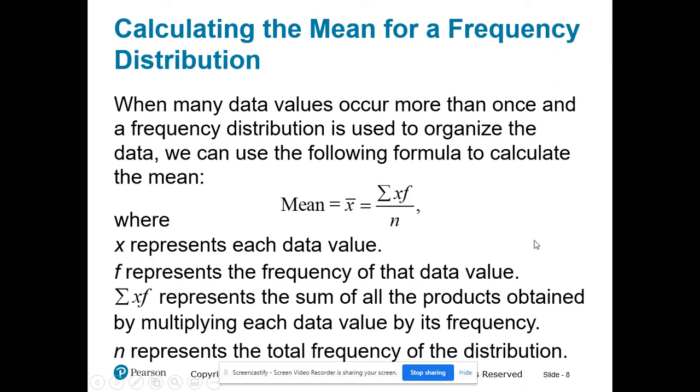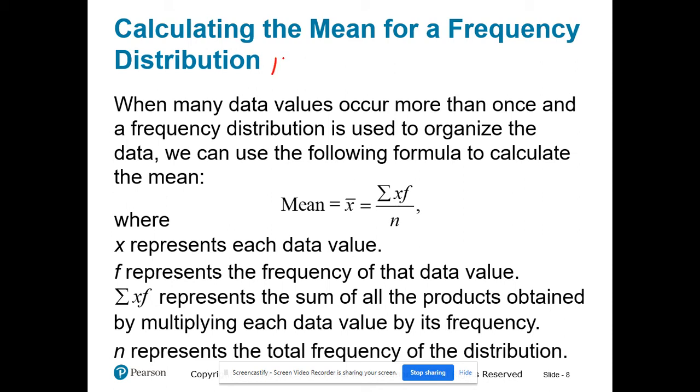Now, finding the mean or the average when we have a frequency distribution tends to give students a little bit of trouble. It's not a difficult thing as long as you understand what's happening. We're still going to add up the numbers, so this means sum. But let's suppose I have 7 different 10s in my data set.